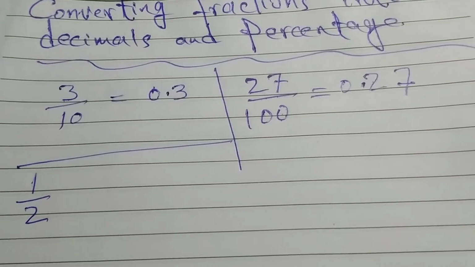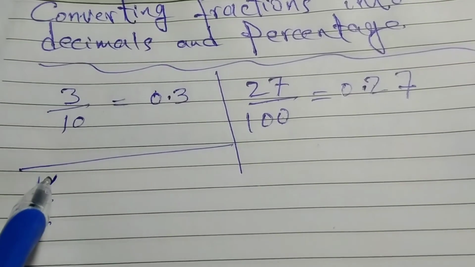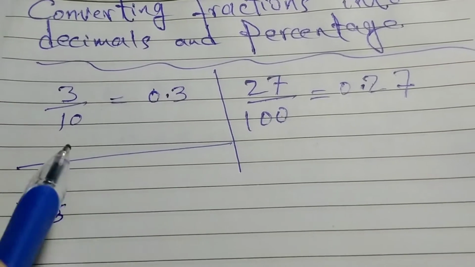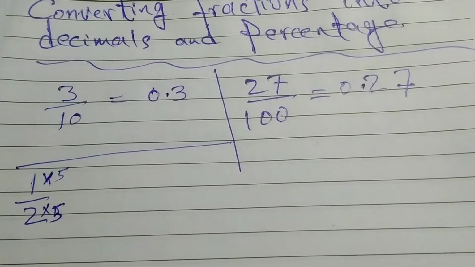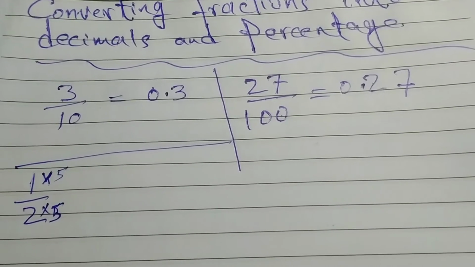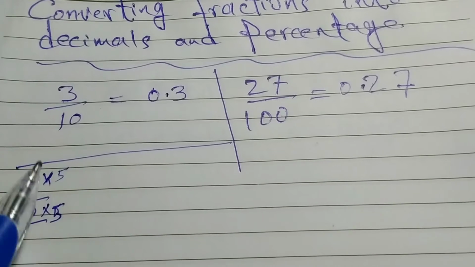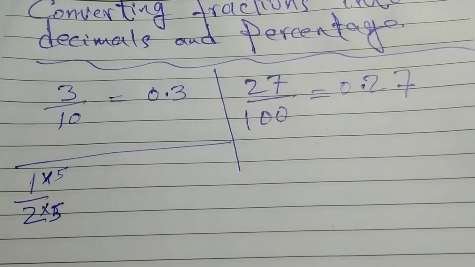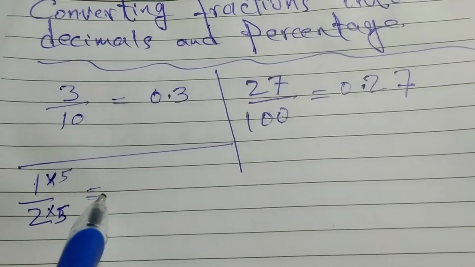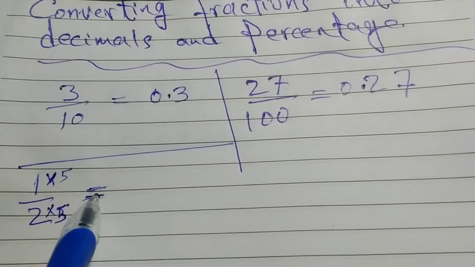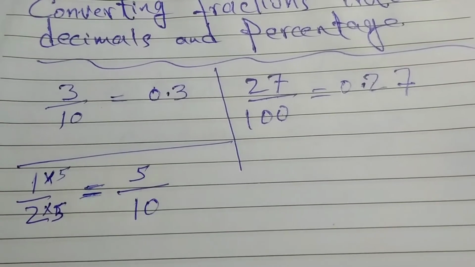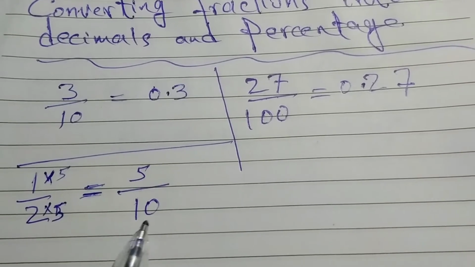It is very simple. 2 multiplied by 5 equals 10. So we will multiply by 5 up and down, because I taught you this in the lecture on equivalent fractions. If you need to learn, you can watch that lecture. So actually we are going to make the equivalent fraction.